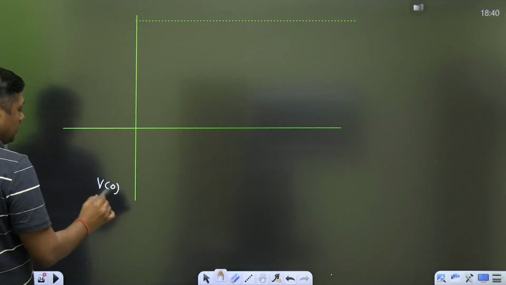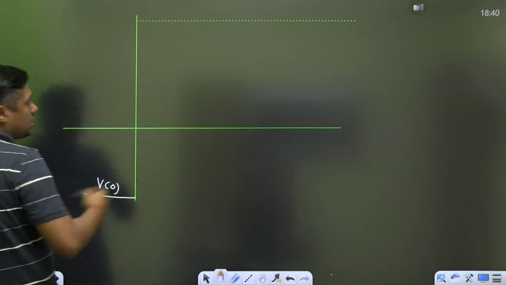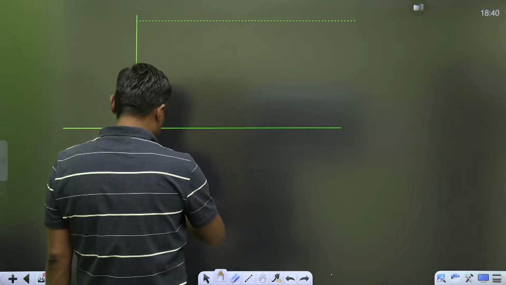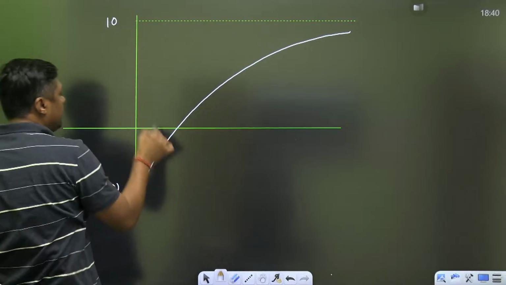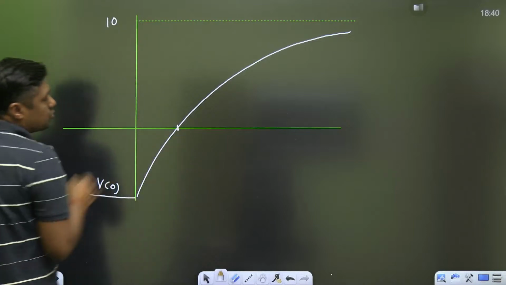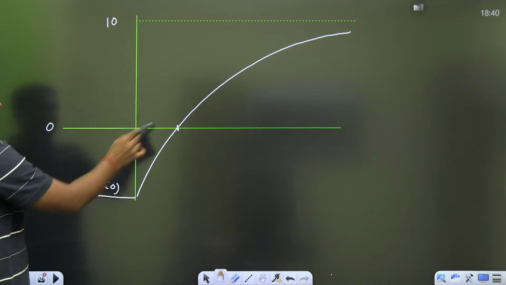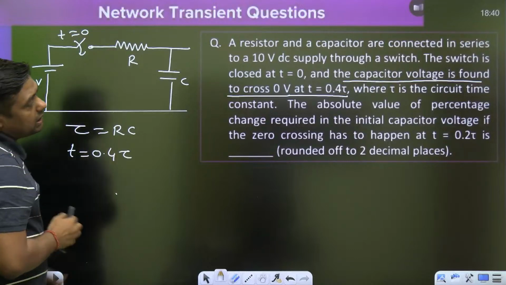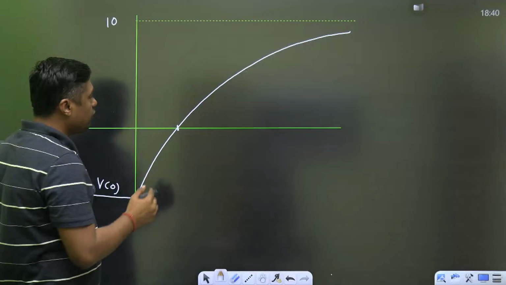This is the initial voltage; the capacitor does not allow sudden change of voltage. Now the capacitor starts charging towards what? 10 volt. Then definitely at a particular time it will cross 0 volt. From the negative initial voltage it crosses the 0 and finally charges up to 10 volt. So at which time will it cross? 0.4 tau. So you can write here 0.4 tau.